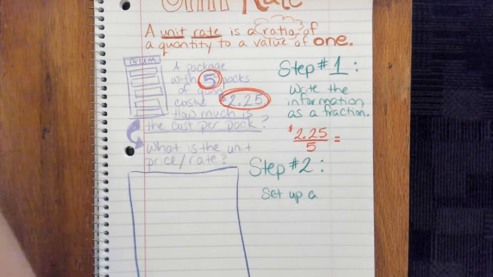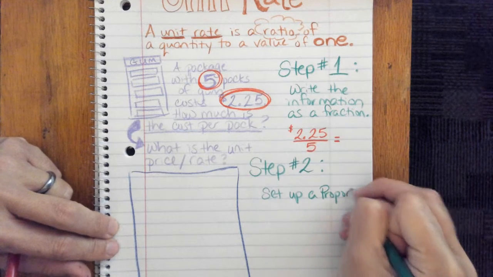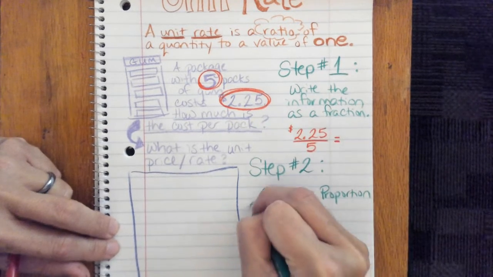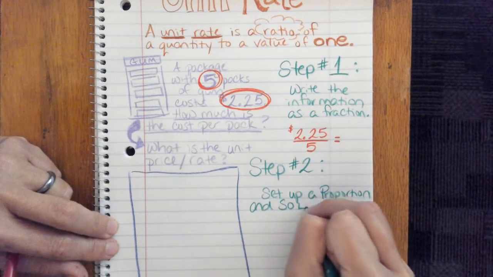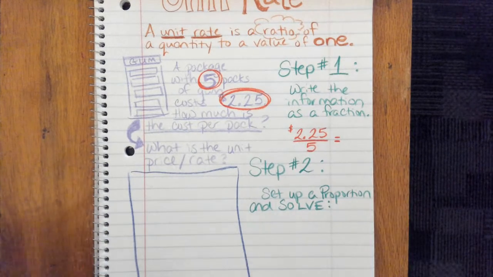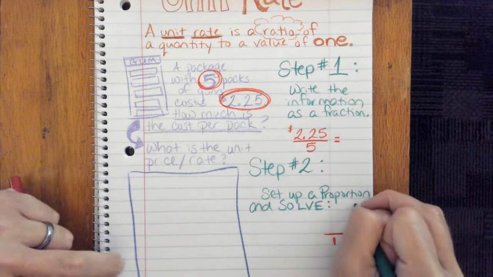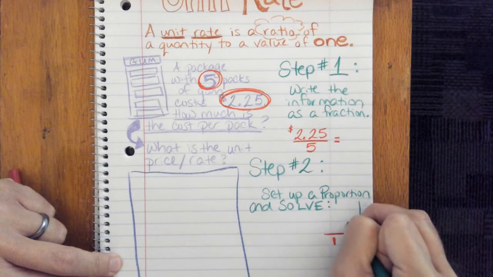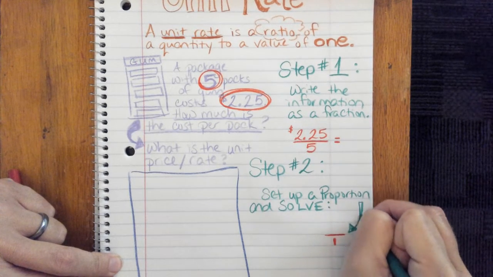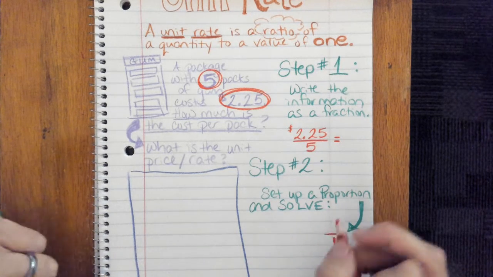Step number 2: set up a proportion, and solve. And the proportion that you're setting up is a proportion to 1. So that's where the single 1 comes in.